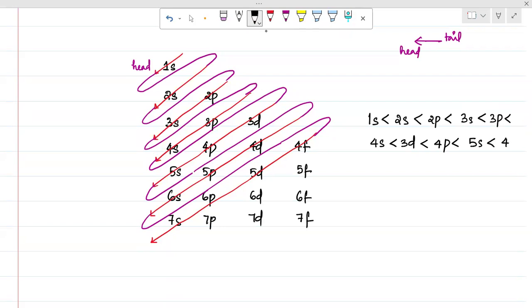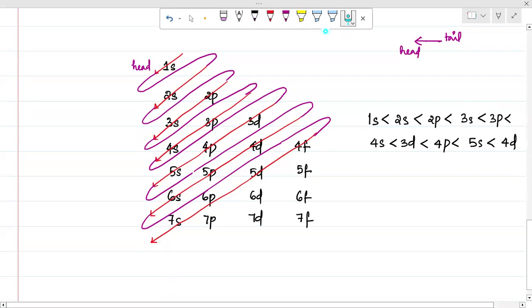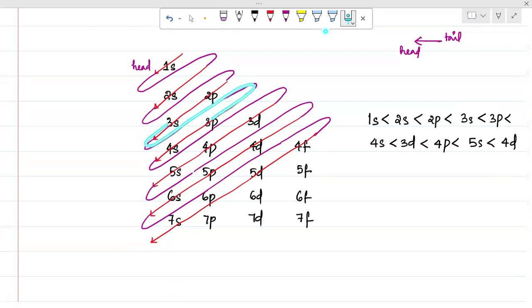And then next comes 4p, 5s, 4d. I hope you're getting the trend. After 3s, see the way the arrow moves: 3p, 4s, after which it goes to 3d, 4p, 5s. The next one is 4d, 5p, 6s.